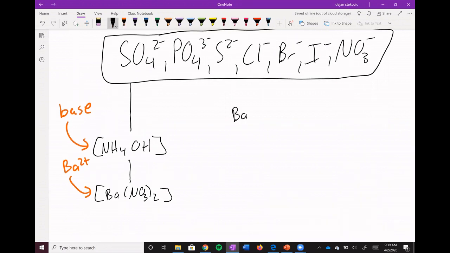If you think back to probably Chem 101, barium and sulfate form an insoluble compound. So they'll form a solid. It's a precipitation reaction. So if we have sulfate in our solution, we'll see a solid. If we don't have sulfate in our solution, we might not see a solid. Another one of these anions that can form a solid with barium is phosphate as well.